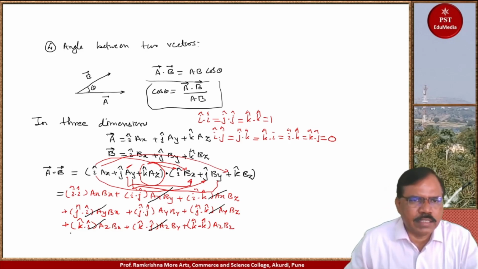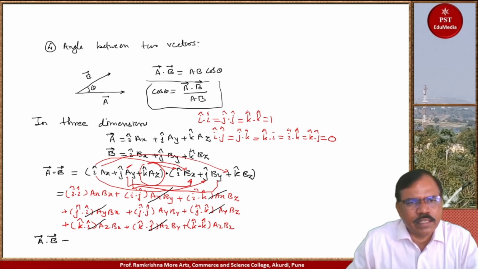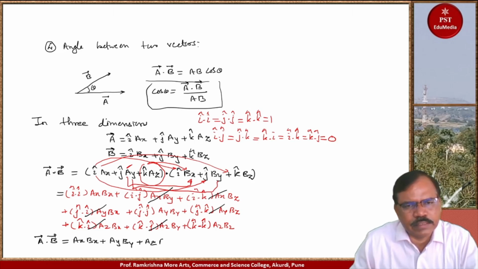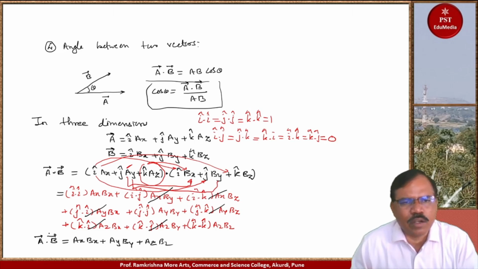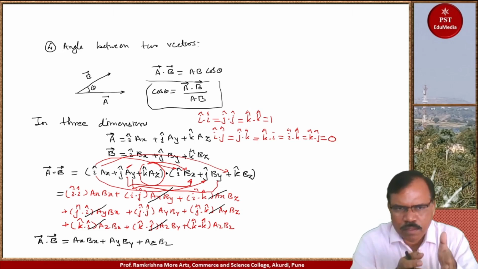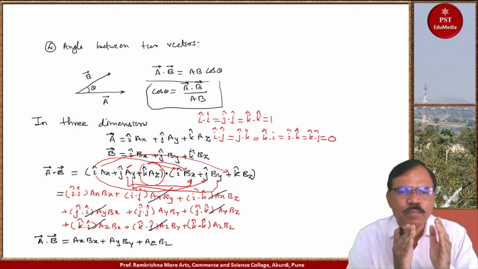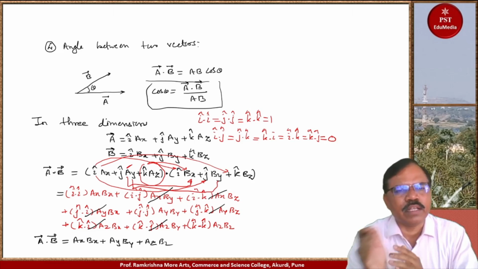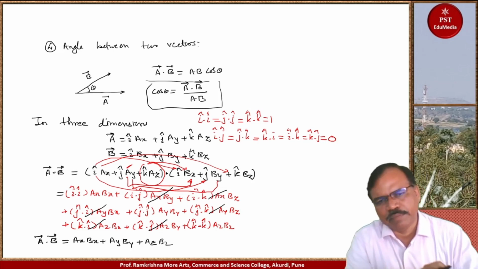And I dot I is 1. So we'll get here A dot B is equal to Ax Bx plus Ay By plus Az Bz. So simply A dot B is the addition of the multiplication of corresponding components, meaning Ax Bx plus Ay By plus Az Bz.